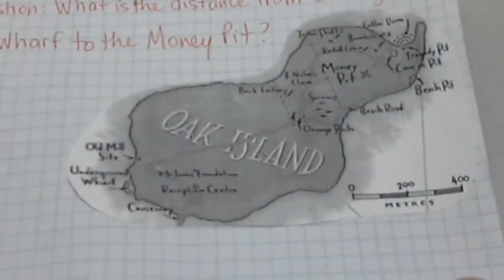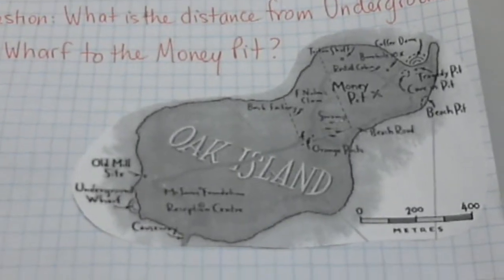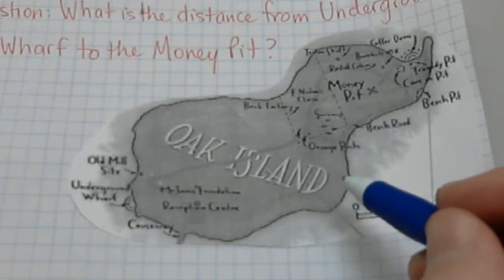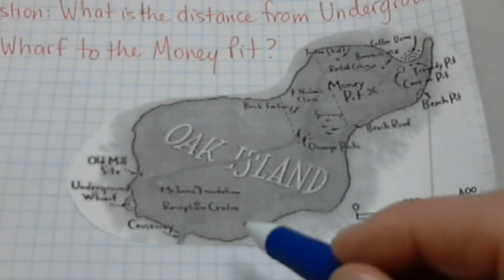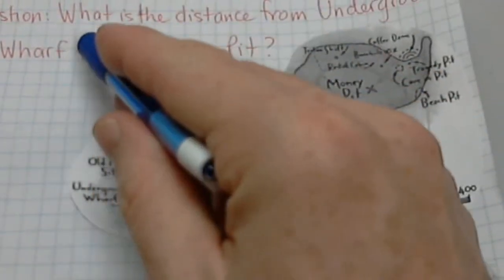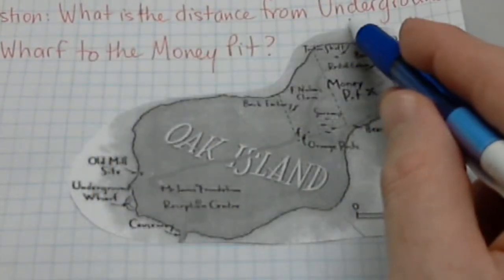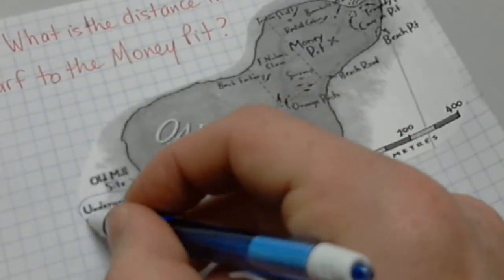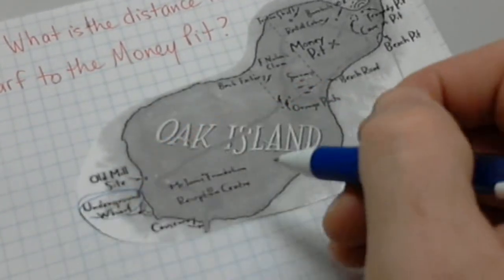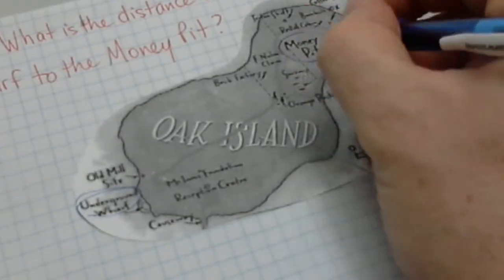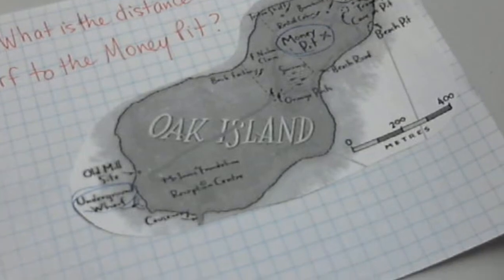Okay, so here is the map of Oak Island, and the photocopy didn't come out real great, but the question that we're going to be looking at is what's the distance from Underground Wharf, which is right over here, to the Money Pit, which is over here on the map.